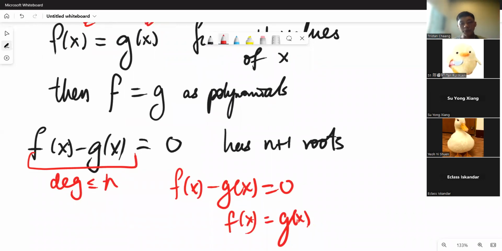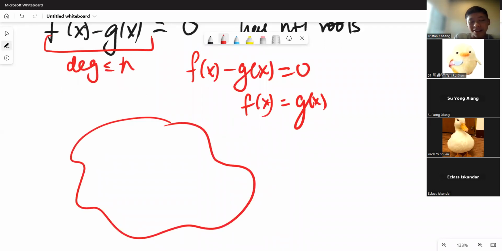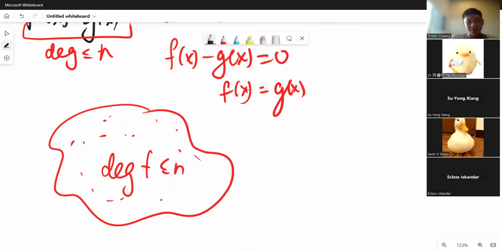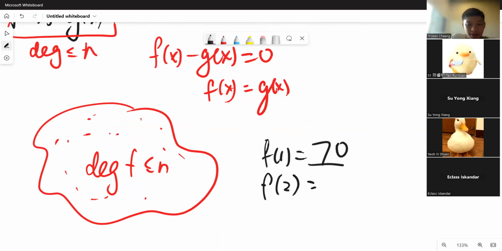So if you look at the polynomials with degree at most n, a collection of polynomials with degree at most n, there's a lot here. Well, if you collect all of them, and if you want to, let's say, have a polynomial where f1 equals some fixed number you like, let's say 70, f2 is 36, fn equals something else.